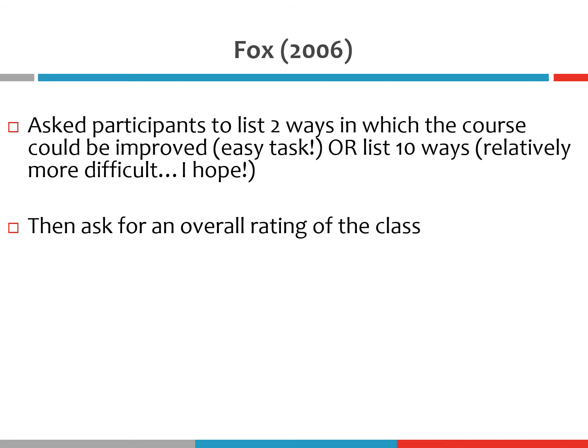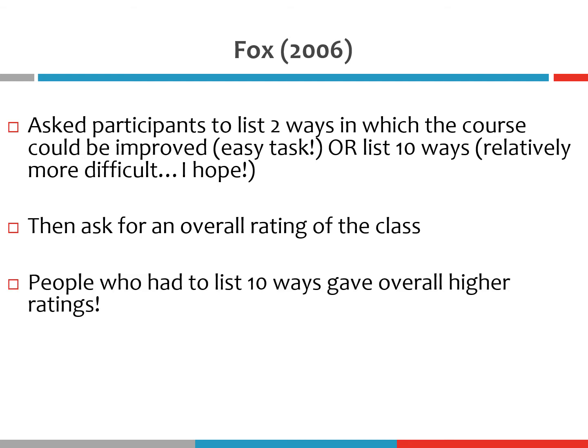Then participants in both conditions were asked to give an overall rating for the course. And again, we see that people who had to list 10 ways as opposed to 2 ways gave a higher rating of the course. And why is this? It's because they really had to struggle to come up with 10 criticisms. That information didn't readily come to mind.